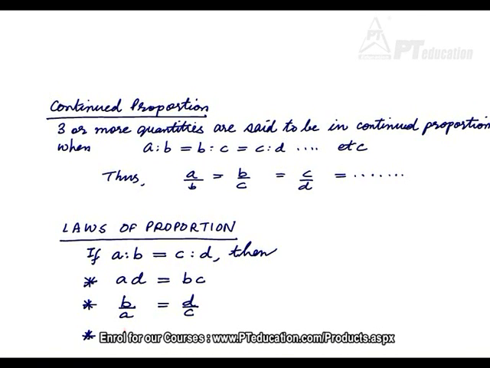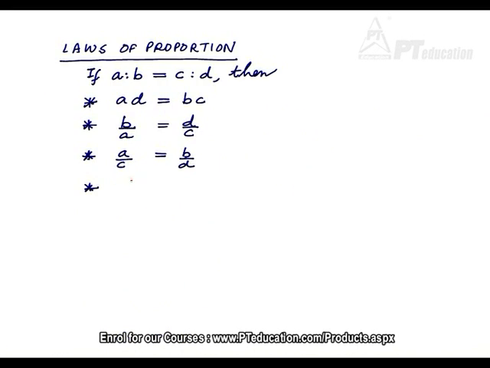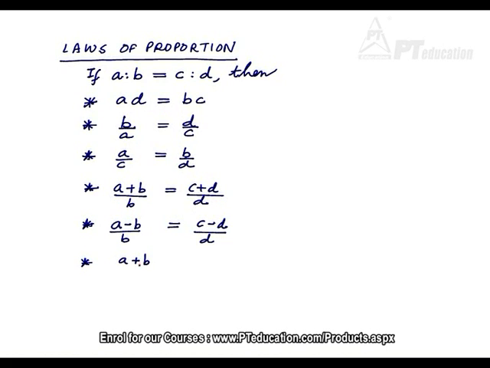Then A by C is equal to B by D. This is alternando. A plus B upon B will be C plus D upon D. This is called componendo. A minus B upon B will be C minus D upon D is called dividendo. And if we divide componendo by dividendo, we get componendo and dividendo.